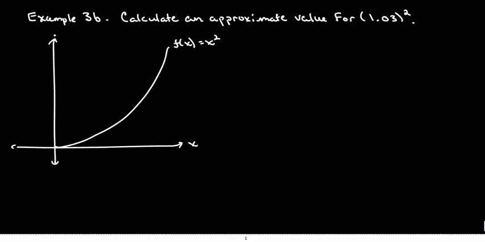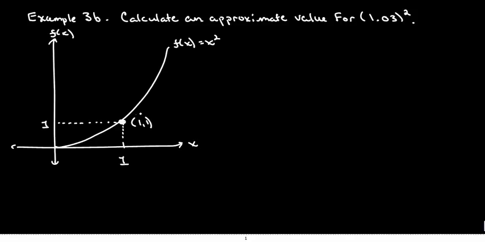Here's our x axis, here's our f of x. Now here's 1, and of course when I square 1, I get 1 back out. So we know that (1, 1) is a point on the graph.